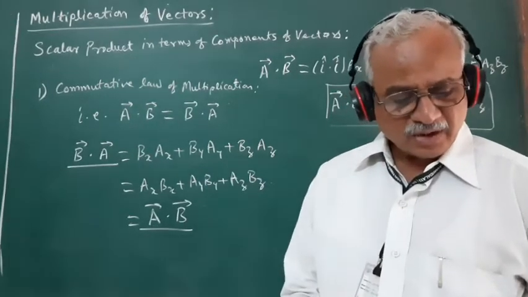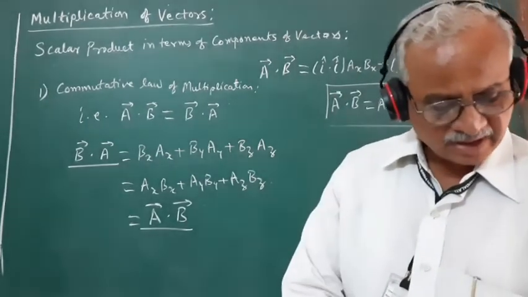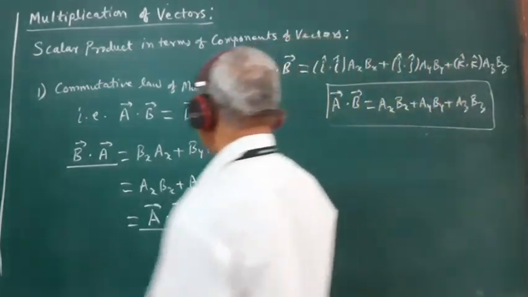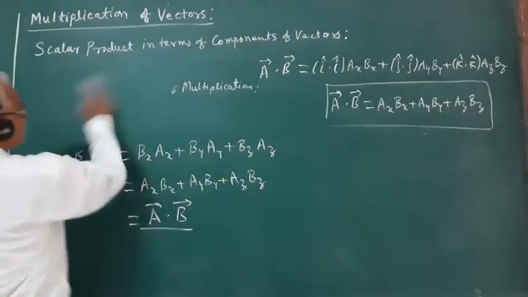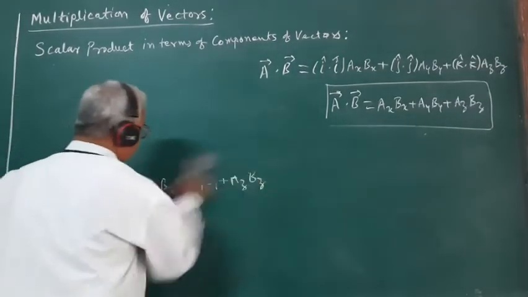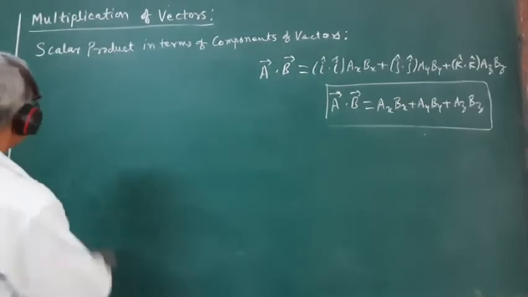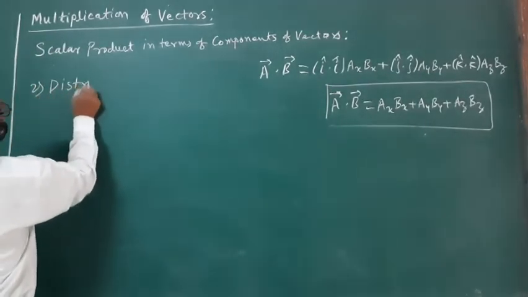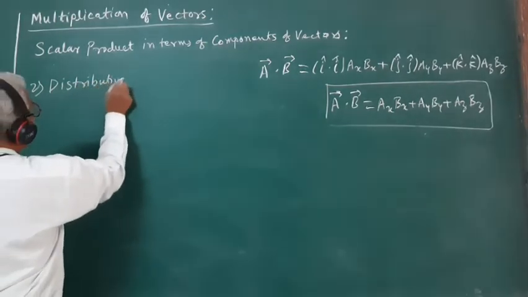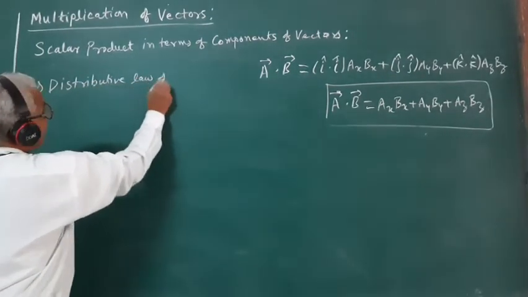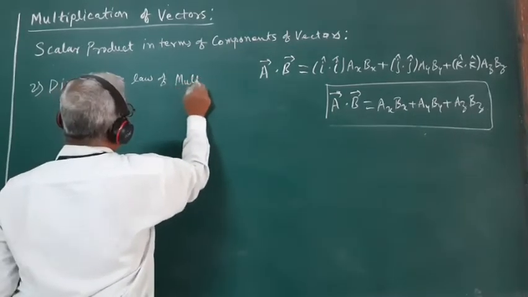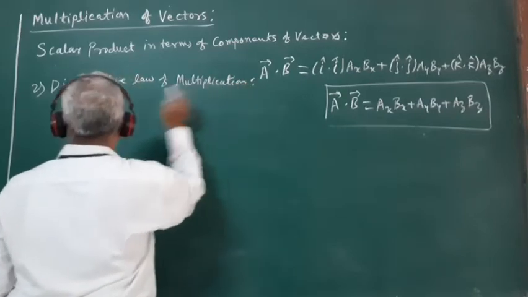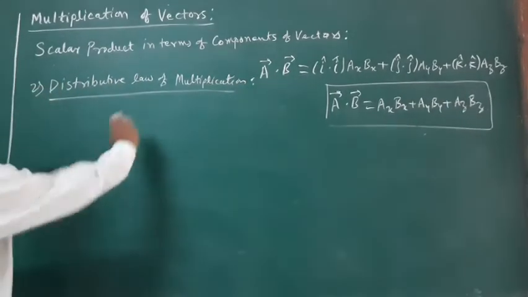The second law that is obeyed is that the dot product obeys the distributive law of multiplication.